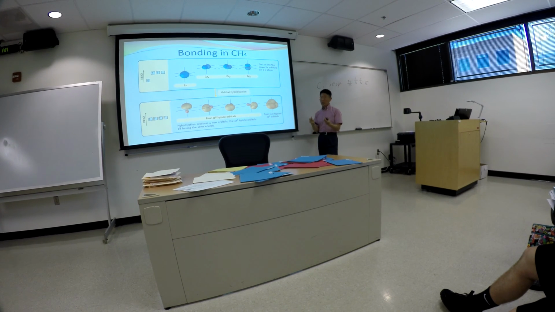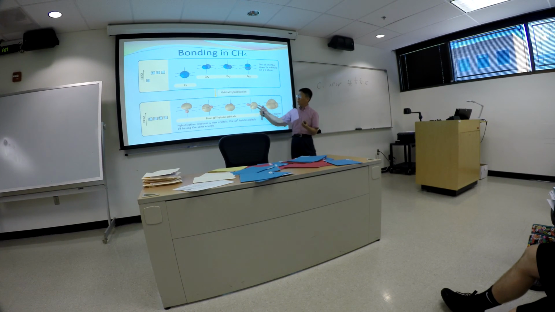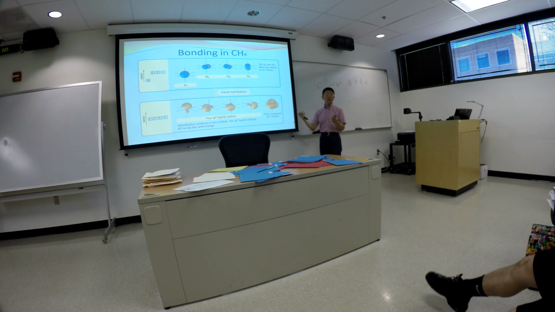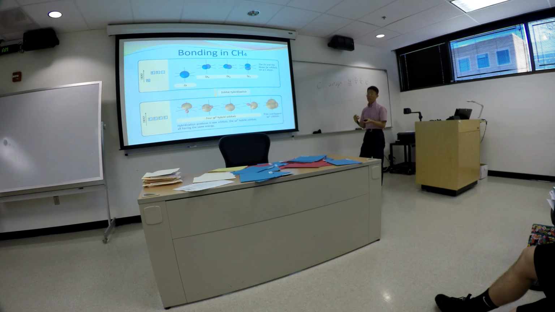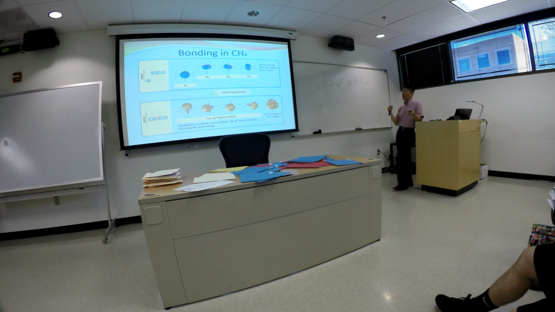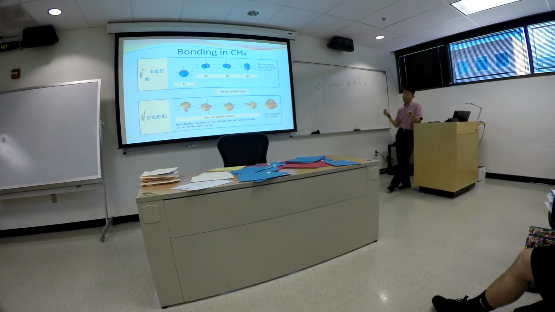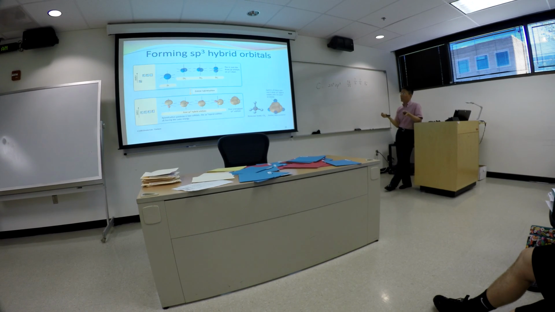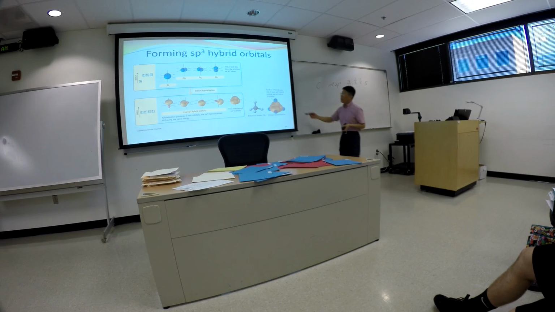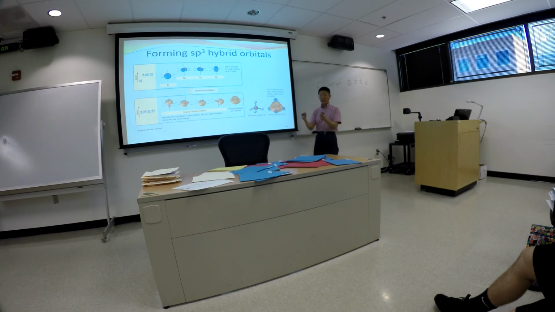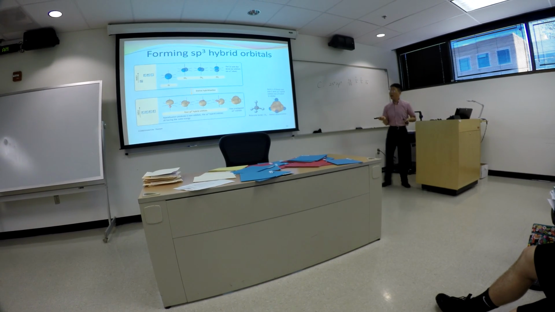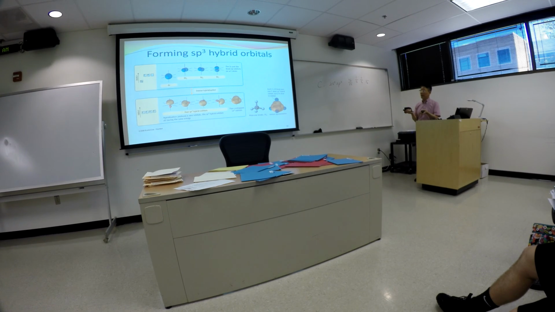When the hydrogen atom comes in, each hydrogen will bond with an electron in a hybrid orbital with identical energy, and they form identical carbon-hydrogen bonds.